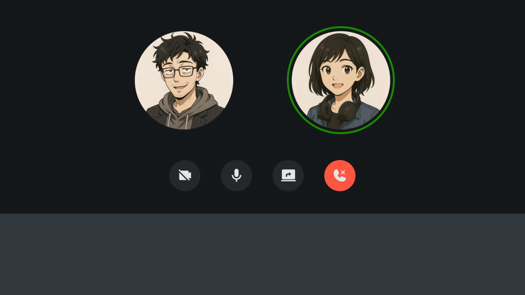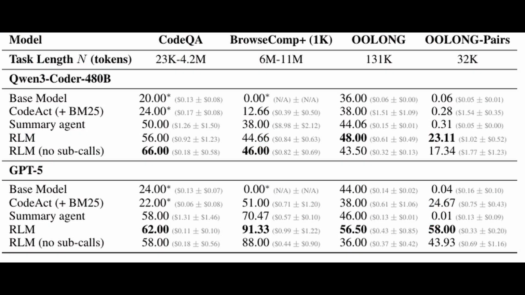I'm also interested in the specific benchmarks they used. The paper mentions they evaluated RLMs using both a frontier closed model, GPT-5, and a frontier open model, Qwen3-Coder 480B. Yes, and they tested across 4 diverse tasks with varying levels of complexity. Let's look at the detailed performance comparison table they included.